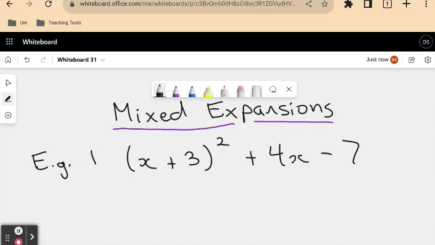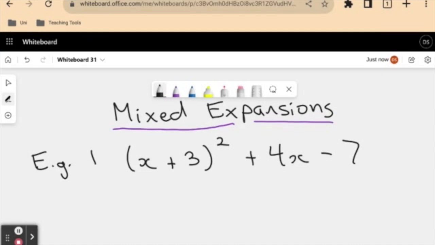And with our difference of two squares, we always ended up with two terms. So that is something useful to keep in the back of our heads as we work through these questions, because we can begin to anticipate how our answer is going to look, and we can use this as a type of sense check.